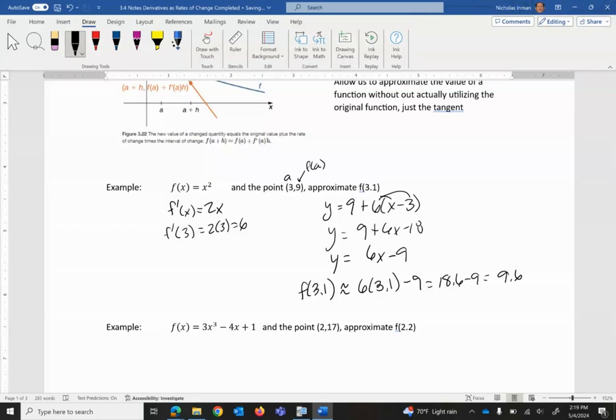That's really quick and easy. To do 3.1 squared, 3.1 times 3.1, I'm going to go old school here. That's 9.61. Well, almost the same. The general idea is that linear approximation will usually be pretty accurate.